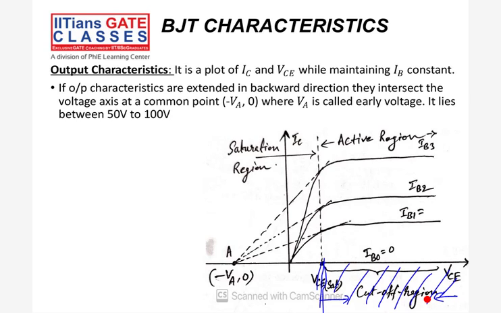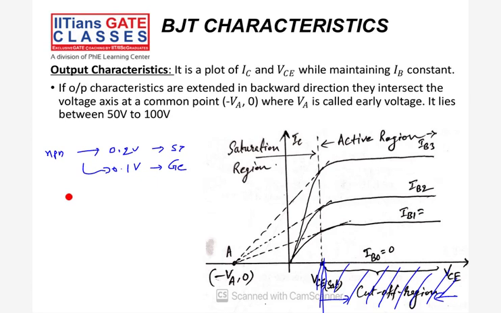We can see here, this region is the cutoff region. Here, what is happening for an NPN transistor? We have 0.2 volt for silicon and its value is 0.1 volt for germanium.